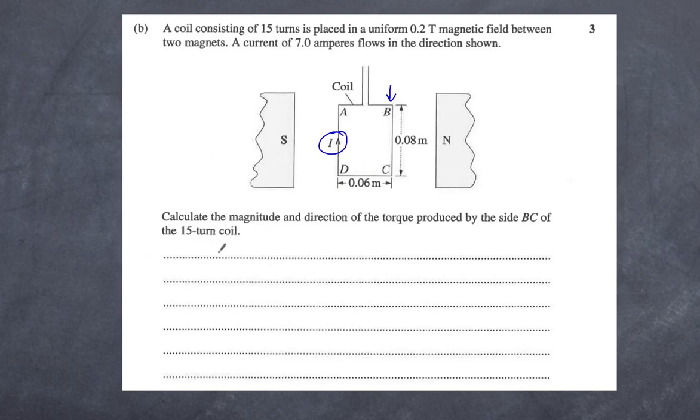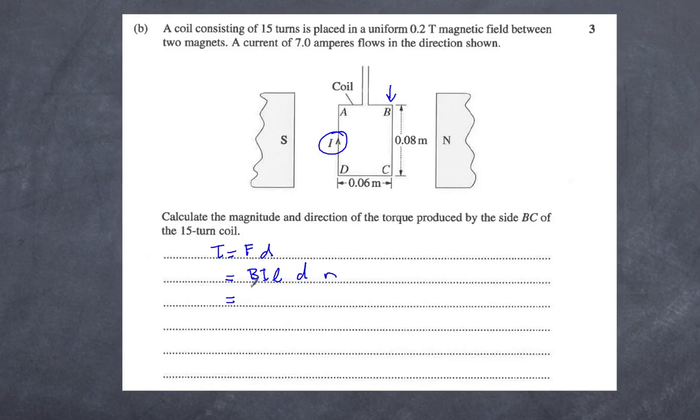All you need to work out again is that the torque is equal to the force times the distance. But of course the force is actually BIL sine theta, but here it is 90 degrees, so we'll ignore the sine theta, multiplied by the distance. But it also has to include the number of turns. For every turn, you increase the torque by that factor.